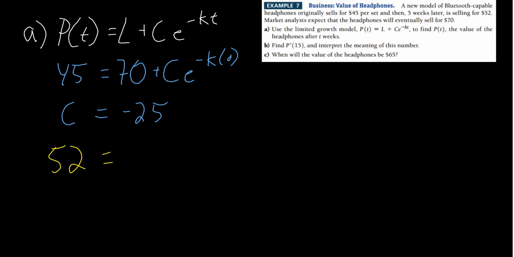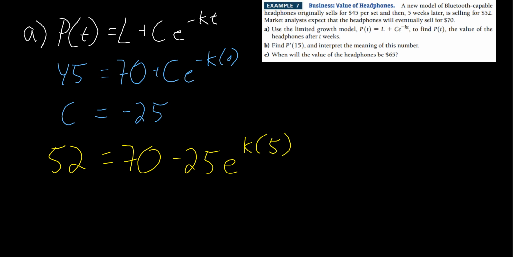That's equal to my limiting value 70 plus C, which we said was negative 25, so let's just put minus 25, times e to the k times t, which we said was 5, 5 weeks later.